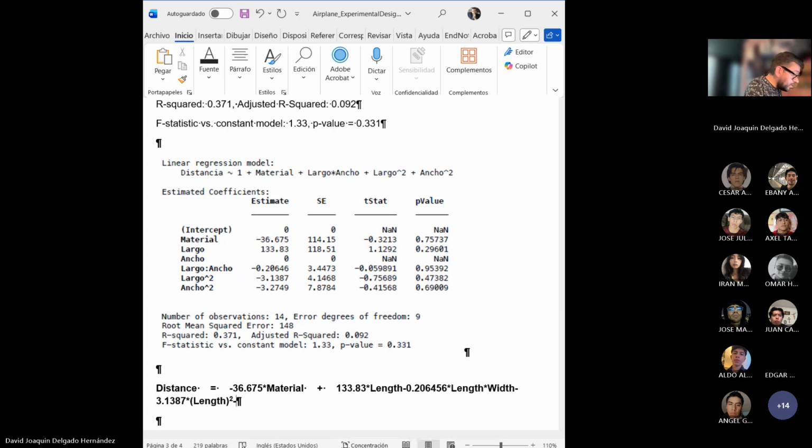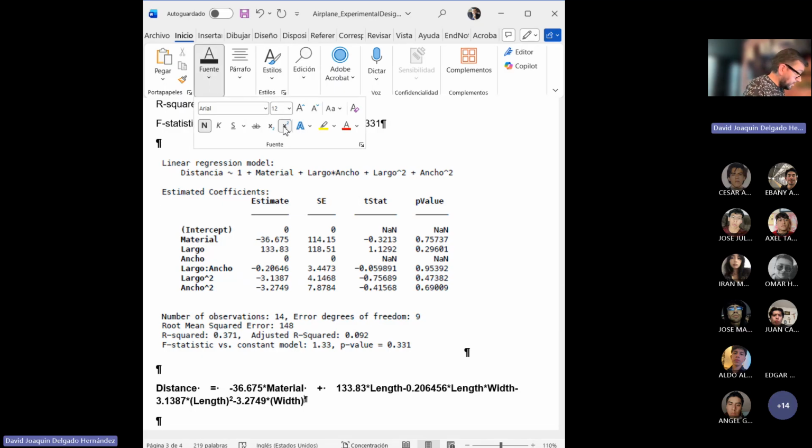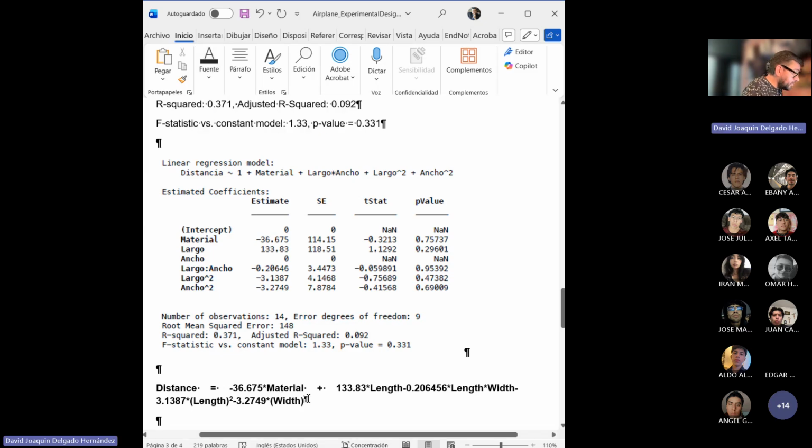Minus 3.2749 times, and this will be the width again to the second power. To the second power, okay? Here we are going to put 2.